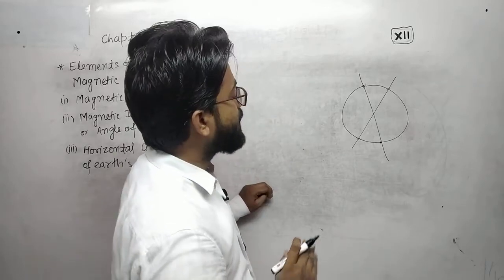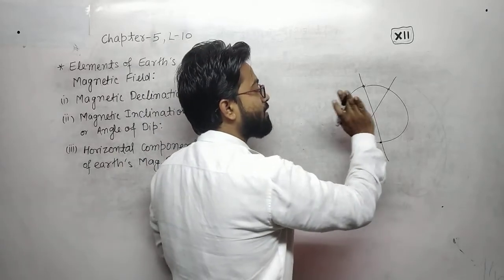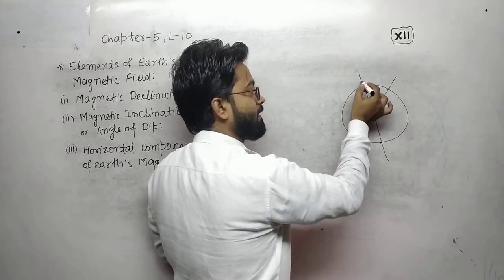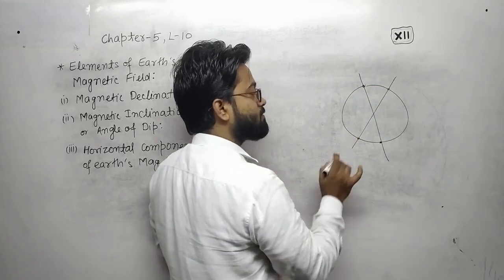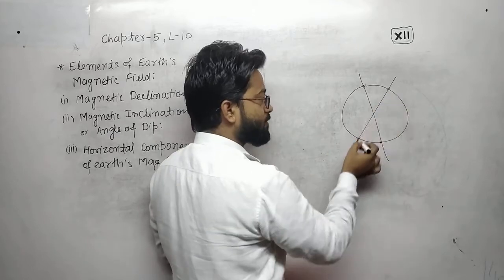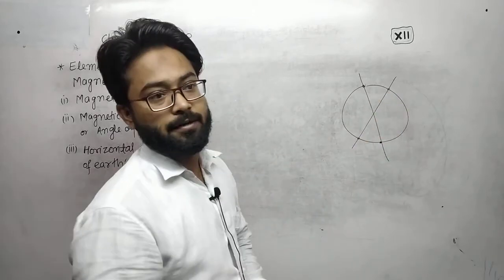There are an infinite number of planes which are magnetic meridians, and an infinite number of planes which are geographic meridians.